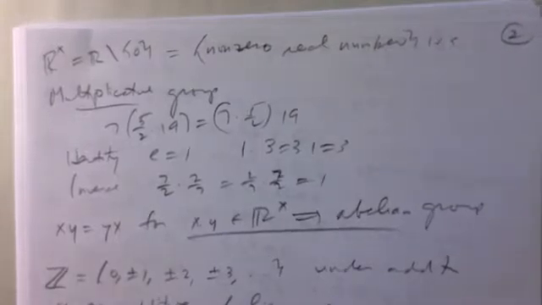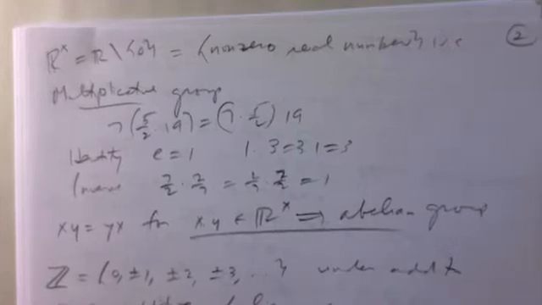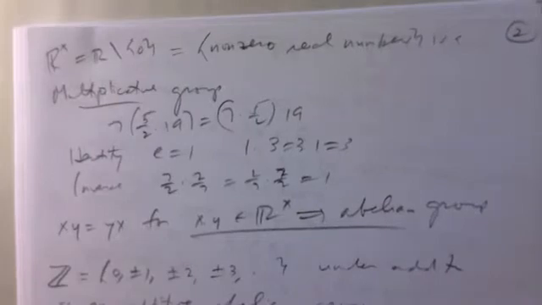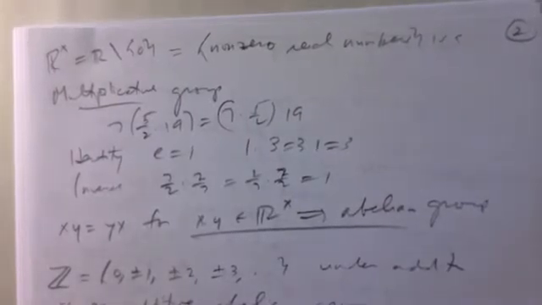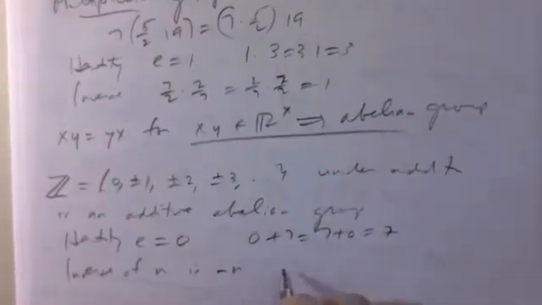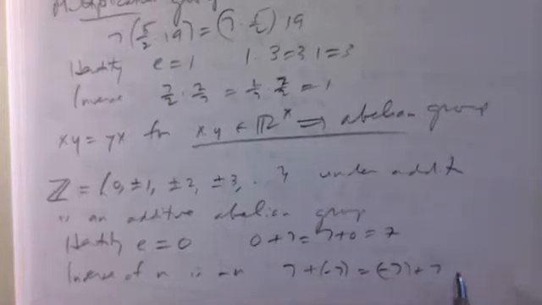The identity element is 0. 0 plus 7 equals 7 plus 0 equals 7. And the inverse of n is minus n, whether n is positive, negative, or 0. 7 plus minus 7 or minus 7 plus 7 is 0. So this is an additive abelian group.